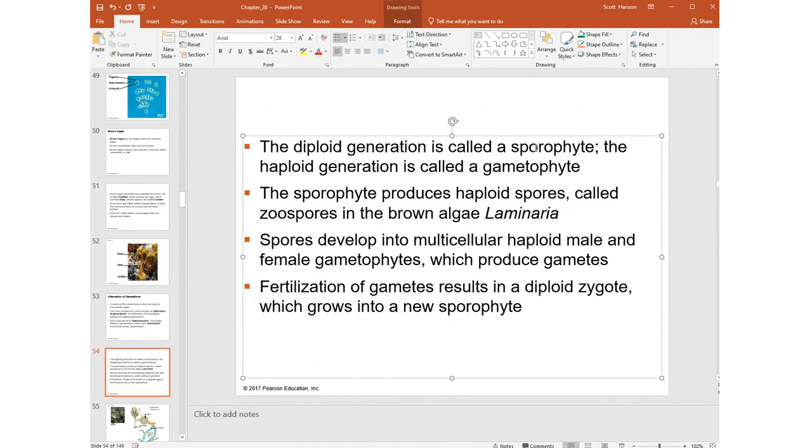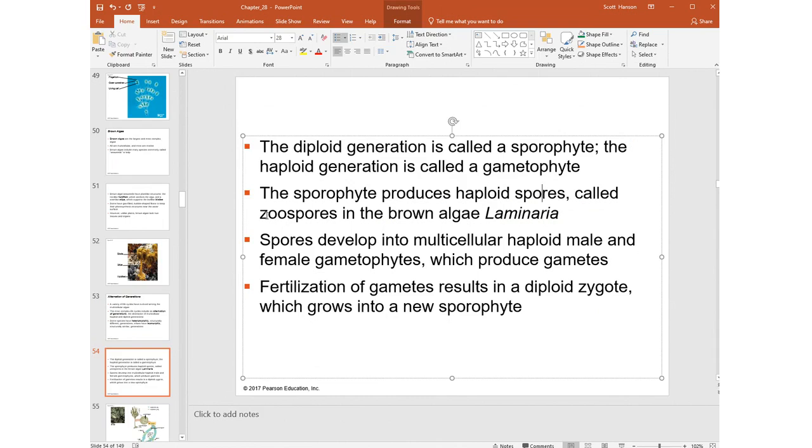So the diploid generation is called a sporophyte because it produces spores, and the haploid generation is called a gametophyte because it produces gametes. The sporophyte is diploid, but it produces haploid spores that will give rise to the next generation, which is haploid.